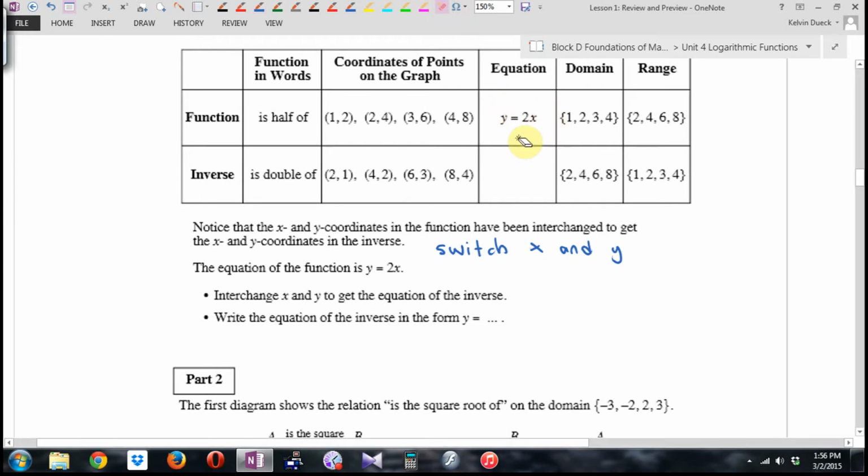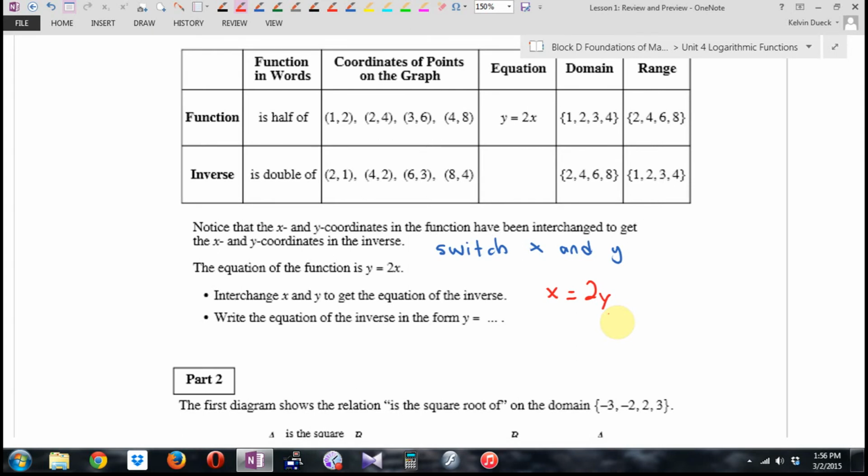Brianna, my joy, can you read to me the original equation? Look up right here. The inverse is going to be, switch the x, wherever there's an x, write a y. Wherever there's a y, write an x. And then get the y by itself, because that's how we write equations. How would I get the y by itself here?